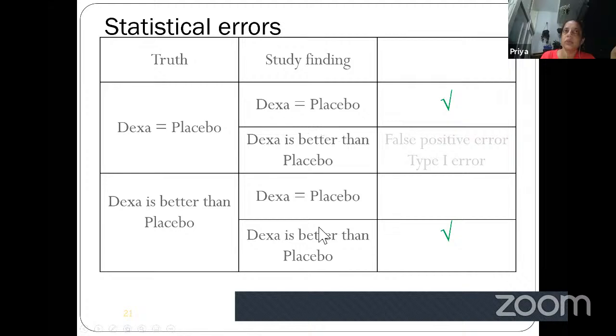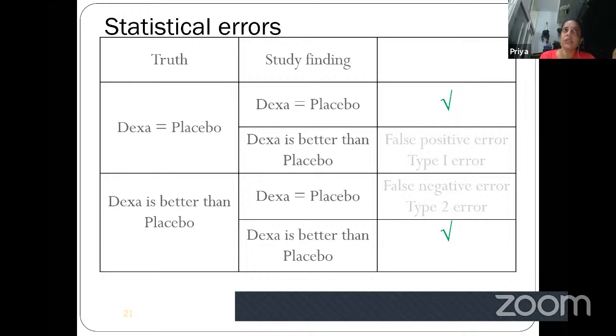You are only going to have your study results. If in reality dexa and placebo have different outcomes, but your study finds similar outcomes, it does not pick up that difference. This is what we call a false negative error, or a type 2 error, okay?